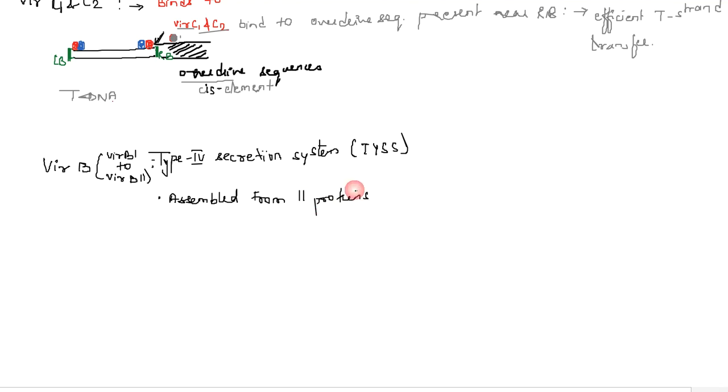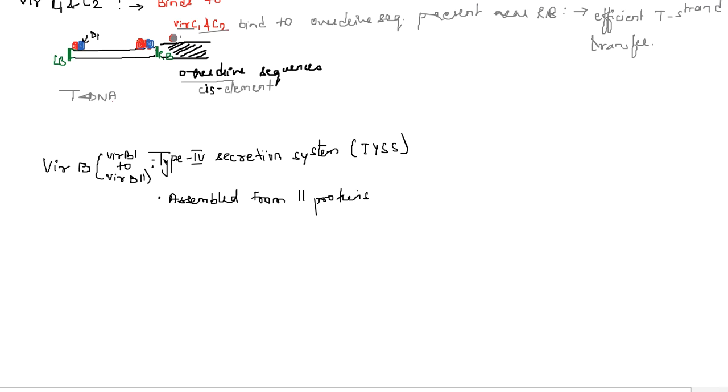This is a transmembrane complex. The tDNA strand, as we understood, remains attached with this Vir D2. I label it here, the blue one is D1. Guys, just a moment, I have made one change.